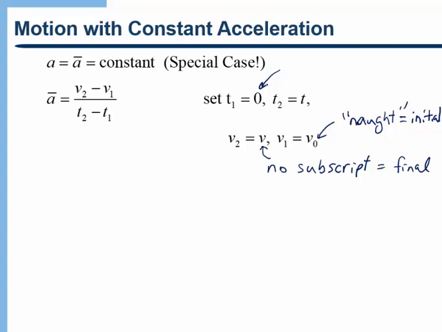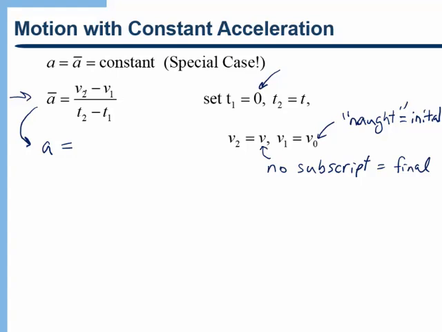All right, so let's see what we can do with this. Here is our definition of average acceleration. But because we're looking at the special case of constant acceleration, there's no difference between average and instantaneous. So instead of writing this formula with an a bar, I'm just going to write it with an a, because a and a bar are the same. The other thing I'm going to do is rewrite this with our new notation.